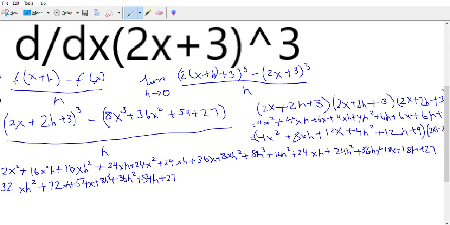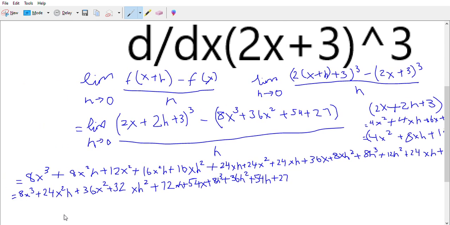So all that added up after adding all the like terms ended up with 8x cubed plus 24x squared times h plus 36x squared plus 32x times h squared plus 72xh plus 54x plus 8h cubed plus 36h squared plus 54h plus 27.